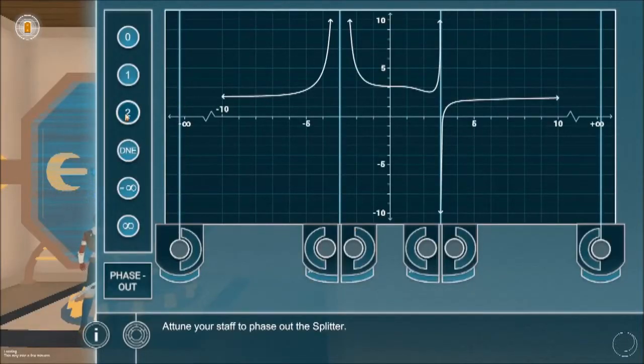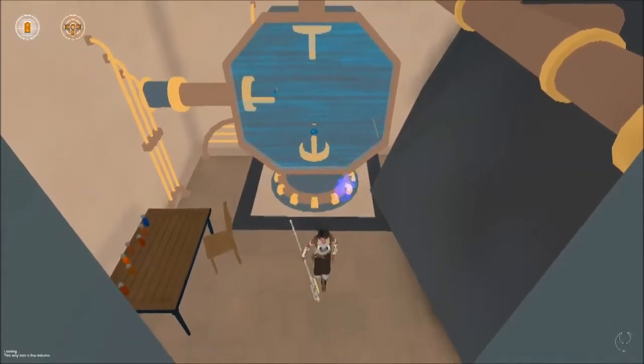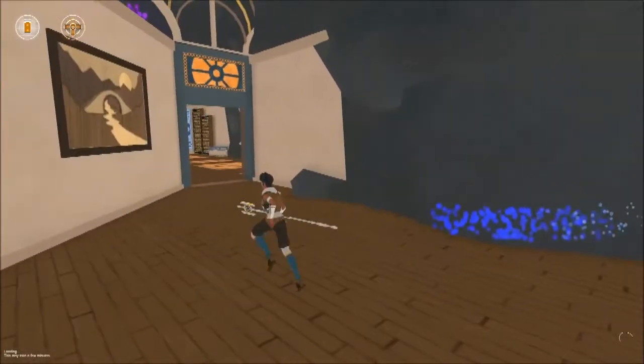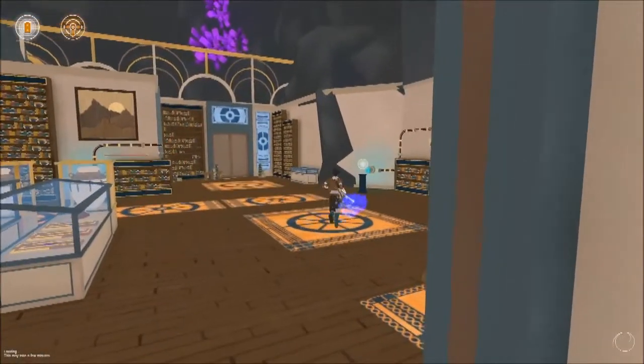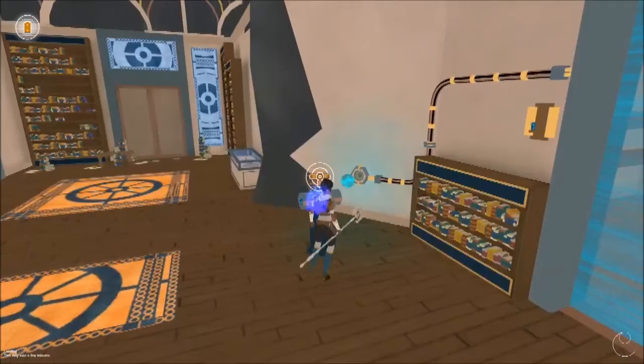So that approaches 2, because it's approaching the 2 but doesn't get there. Then it's positive infinity, then positive infinity, then positive infinity, then it's negative infinity, and then it's approaching 2 but from the different direction to the beginning, but still approaching 2. So now we can also drop this one off on one of the splitter pedestals. I think, yep, there's this one over here.